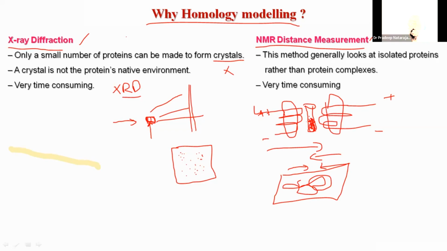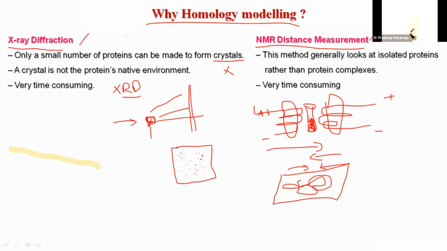That means very few isolated or pure proteins can be studied in this method. And one more thing, it is studied more as complexes rather than individual proteins. It is also a very time consuming and costly method.